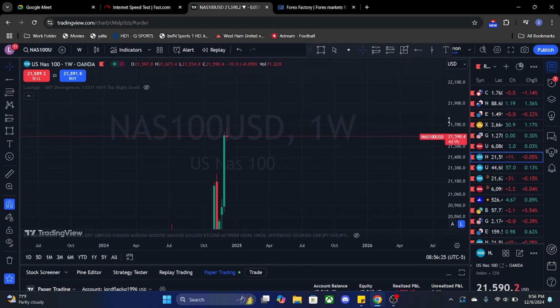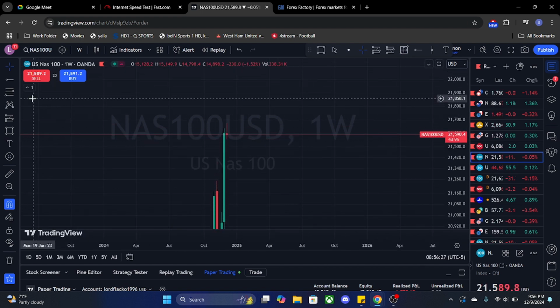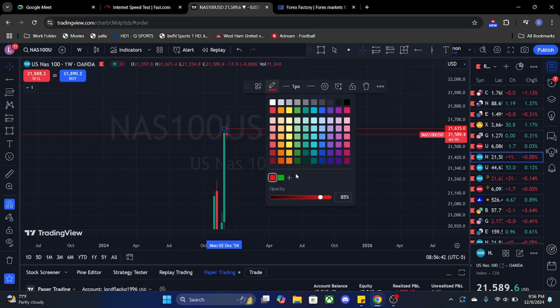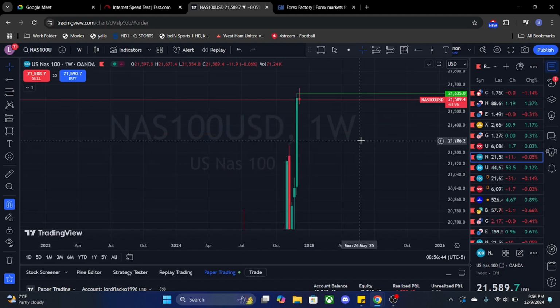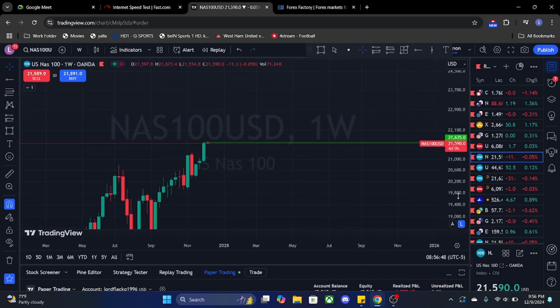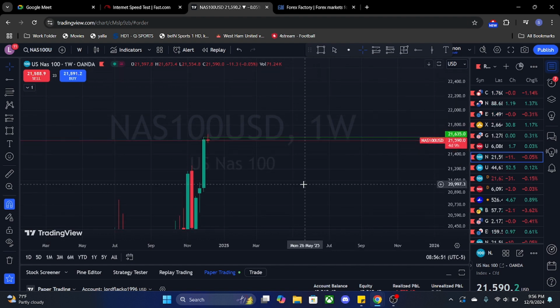Okay, here we have something interesting. Last week we made an expansion where we went up and then made the overall highs. So after making an overall high, I'm anticipating some kind of retracement before we start doing anything else.